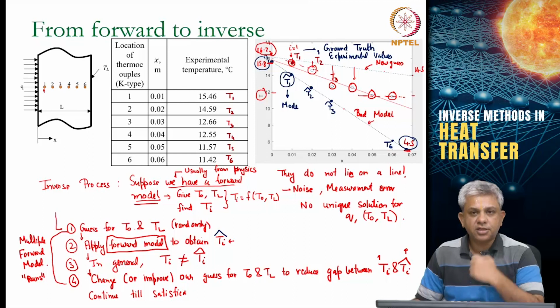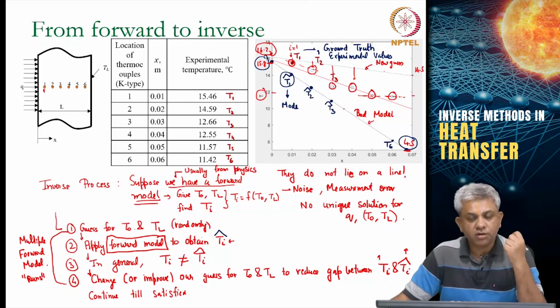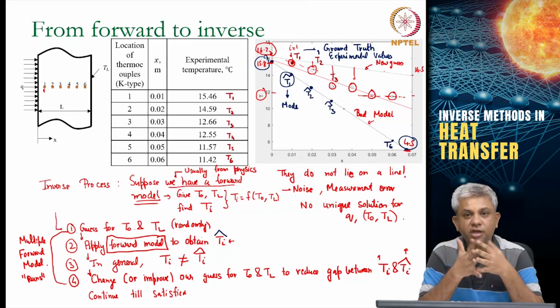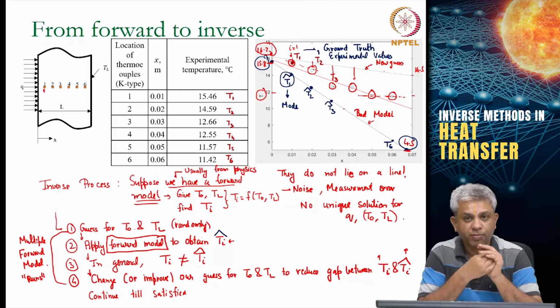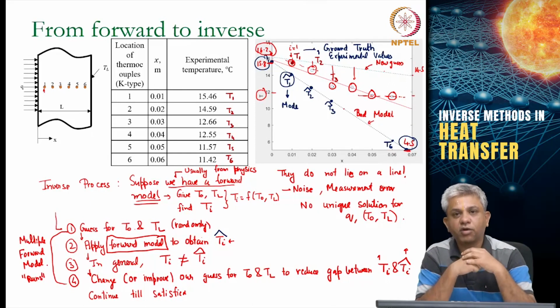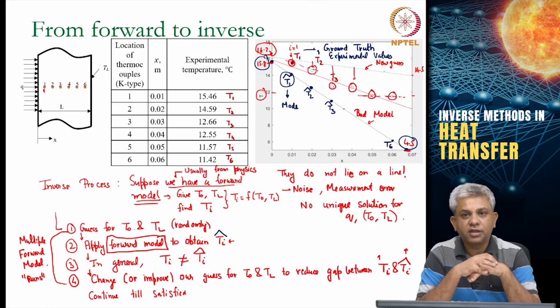So, the catch here is each inverse problem solution involves multiple forward problem solutions. Without having a forward model, really speaking, you cannot solve an inverse problem. The inverse problem is inverse of the forward problem. So, you actually need a forward model in order to run the inverse problem.